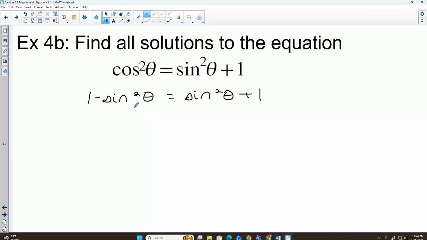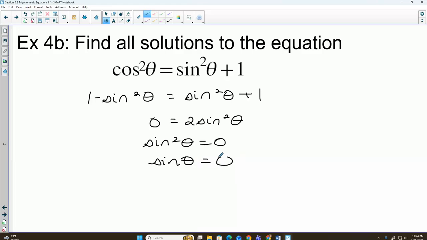If I add over my sine squared, that gives me a 2 sine squared theta. What happens to my 1s? Okay, so if I divide by 2, sine squared theta equals 0, square root, and we just get 0. So when is sine 0? 0 and 180.